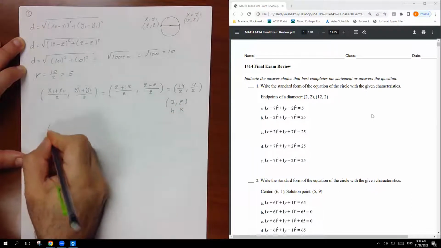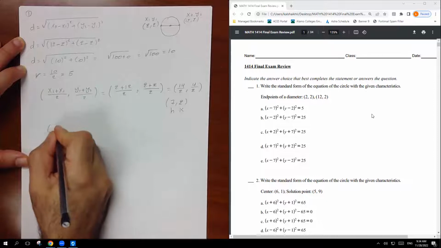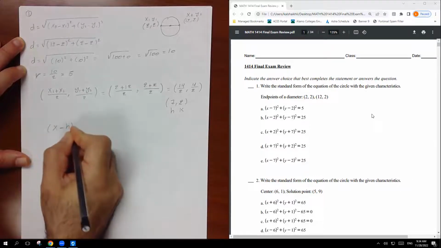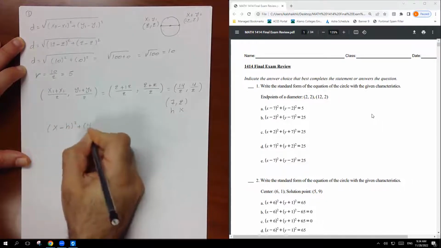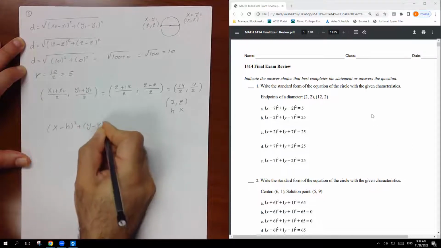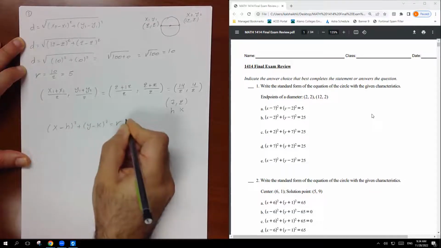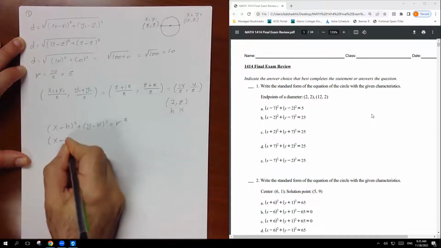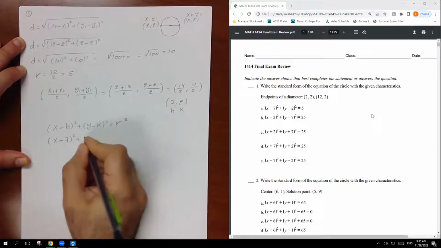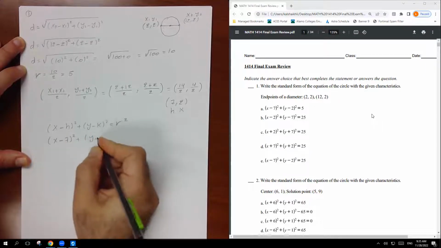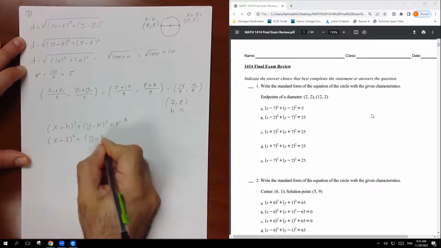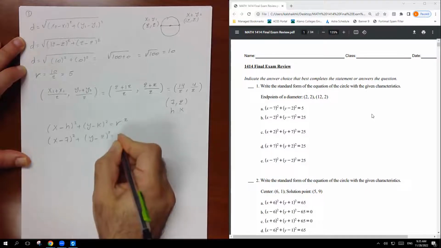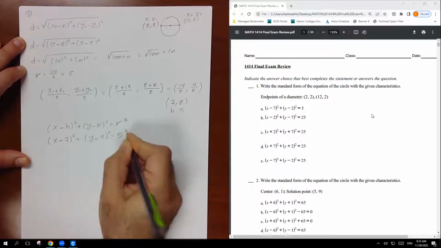That means the equation of the circle is x minus h squared plus y minus k squared equals r squared. So it's x minus 7 squared plus y minus 2 squared equals 5 squared.